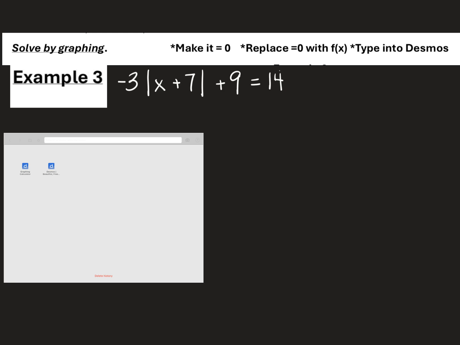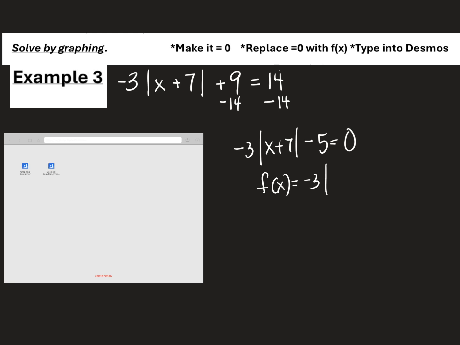For the next one, we're going to make it equal 0. Negative 3 times the absolute value of x plus 7, 9 minus 14 is negative 5, I think. Let me know if I'm wrong. And f of x is going to equal negative 3 times the absolute value of x plus 7 minus 5.